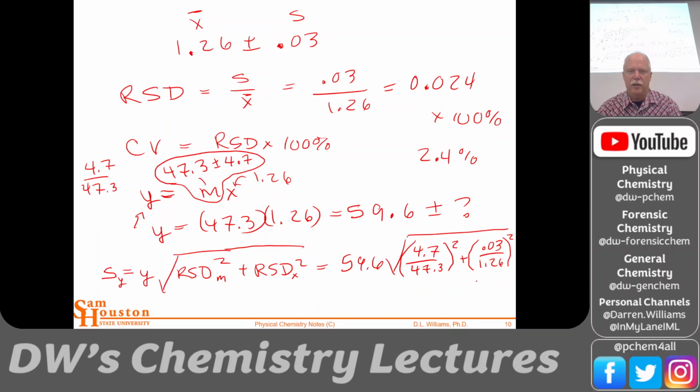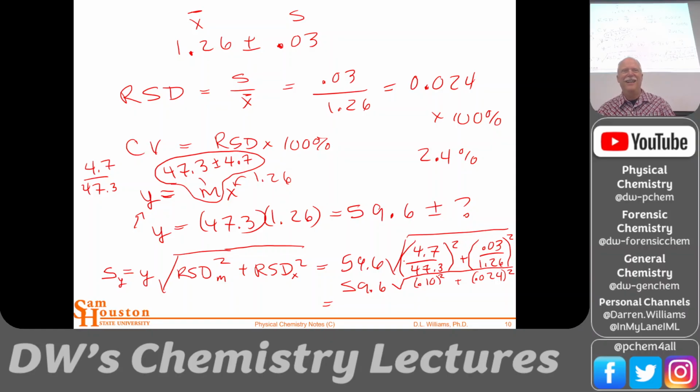This one was 0.024. This one, if you look at it, 4.7 over 47, that's 0.1. Yeah, so this is 0.1. I did that on purpose for myself, squared. The square root of that, multiplied by 59.6.